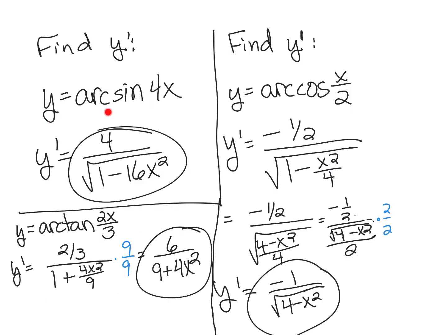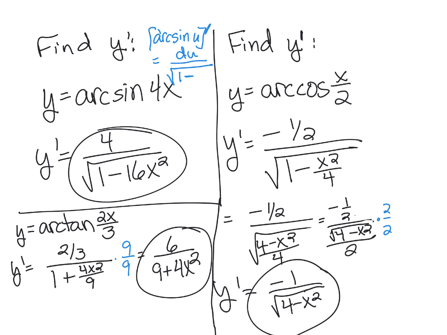All right, if y is the arc sine of 4x, find the derivative. Well, the derivative of the arc sine of u is du on the top. Get used to that. Sine and cosine have a square root, and it's always subtraction.